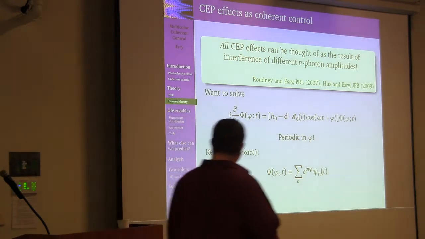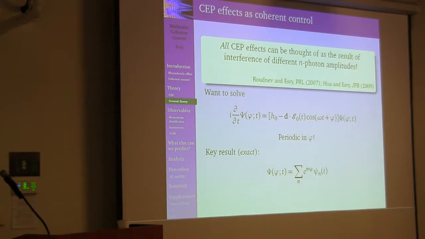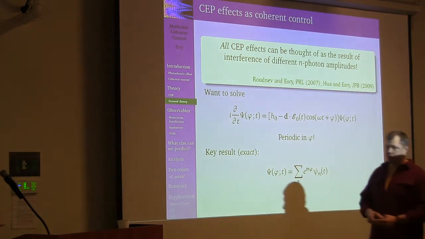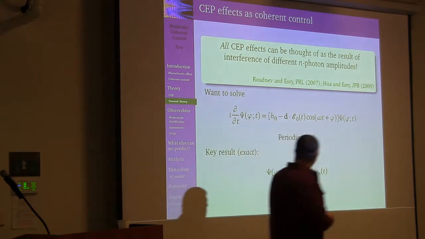Okay? And I want to emphasize the simplicity here. So I'm going to derive this result on the board. Okay? I'm going to derive what we need on the board.